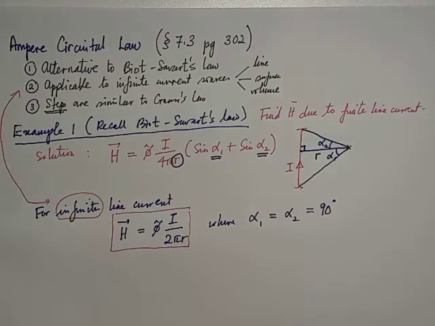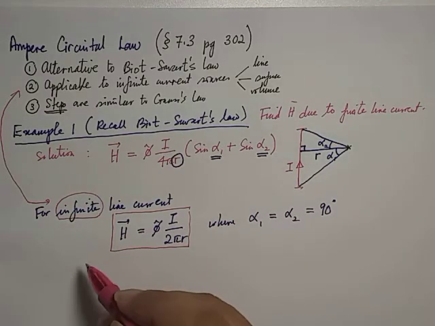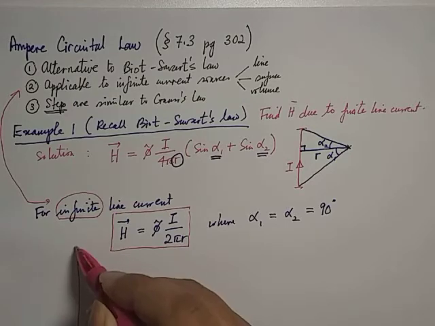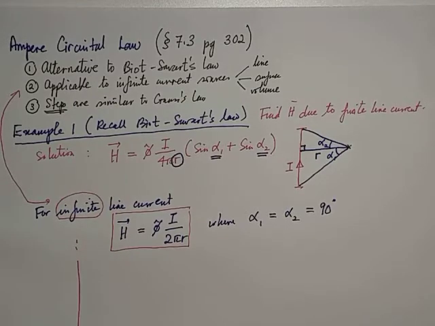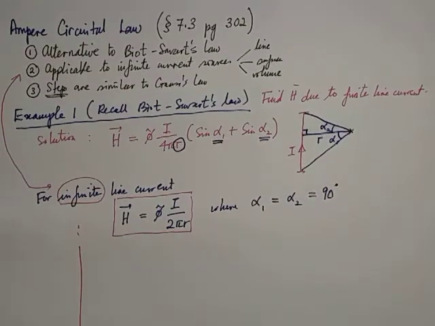So let's draw our infinite line current. So I'm going to draw it nicely now. So our infinite line current, going to have dotted lines to indicate it's infinite, very, very long.